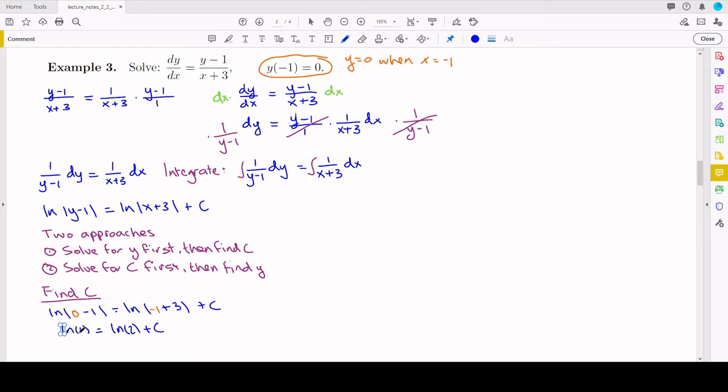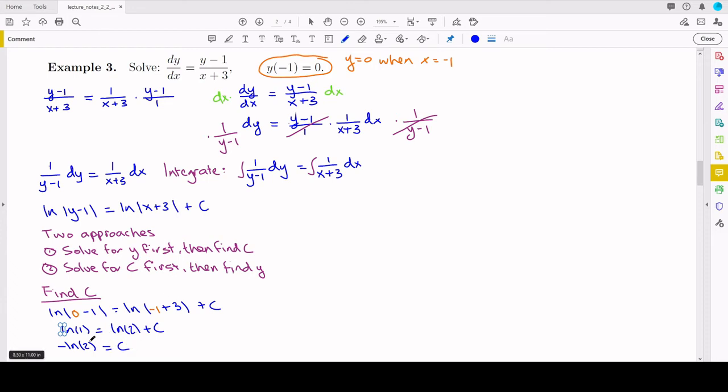And ln of 1 is equal to 0. And so we can solve for c by subtracting ln of 2 on both sides. So we have negative ln of 2 equals c. That's our value of c.